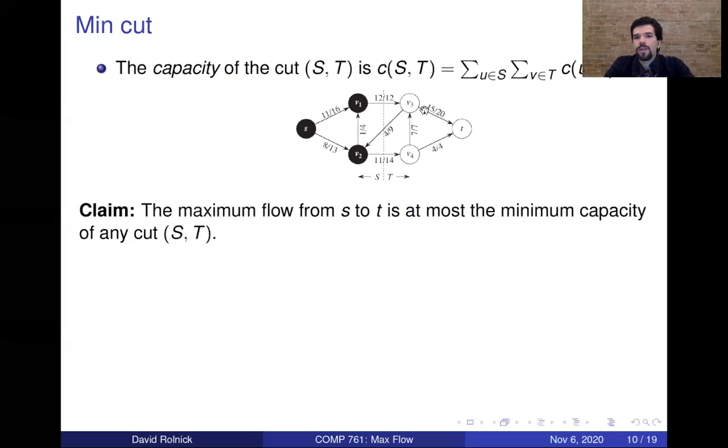So instead of 23, the capacity of this cut would be 26. Oh, sorry, instead of 26, the capacity of this cut would be 34. I misread the numbers. Does that make sense?